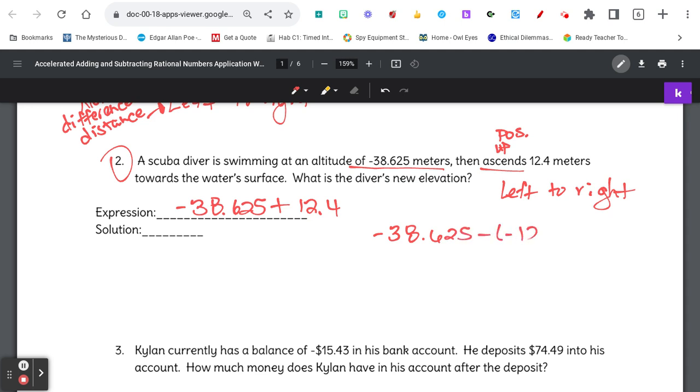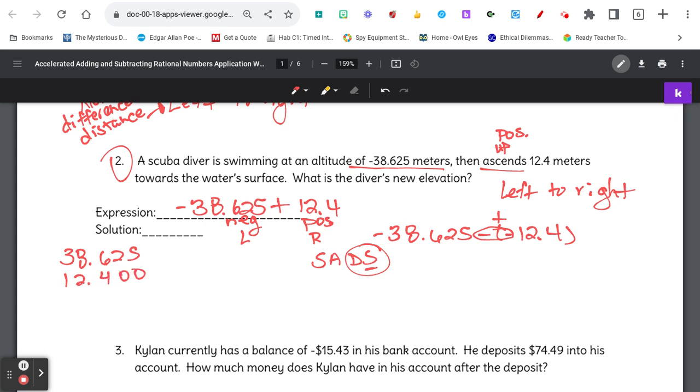I don't care which one you use, because a double negative is essentially the same as a plus. But this is negative, this is positive, or you can say it goes left and right. At any rate, those are different, so I'm going to subtract, put my larger group on top, a larger group of negatives, line my decimals up, filling empty spaces with zeros, and subtract.